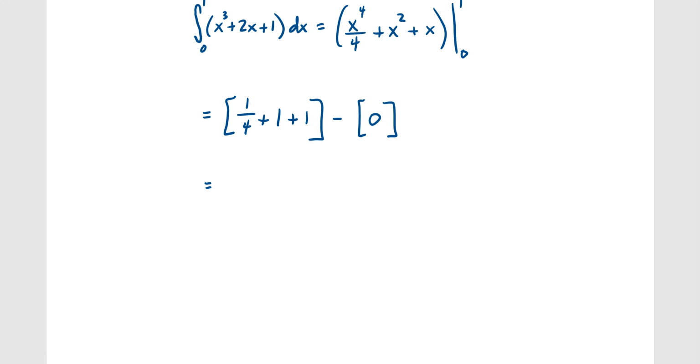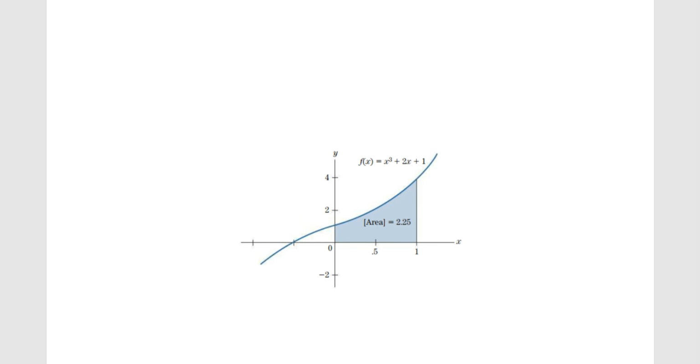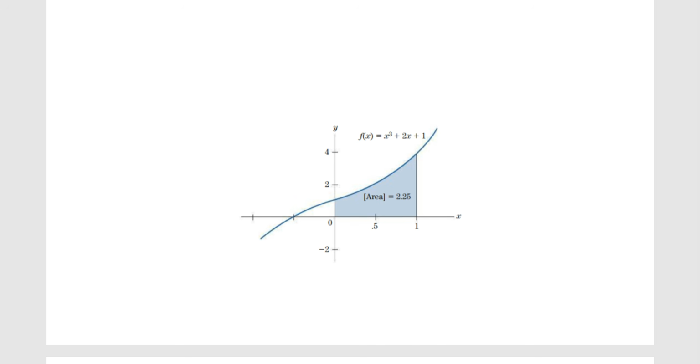And after getting common denominators, we get 9/4, which is 2.25 as the area. And let's verify that down here. So here is our function. And the integral from 0 to 1 represents the area underneath the curve, between the curve and the x-axis. And right here, verified, the area is 2.25.